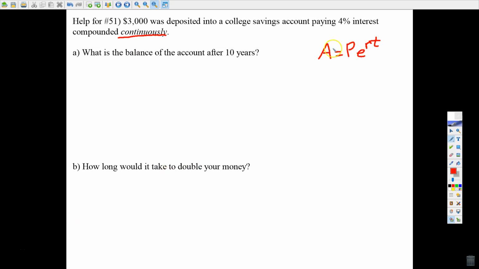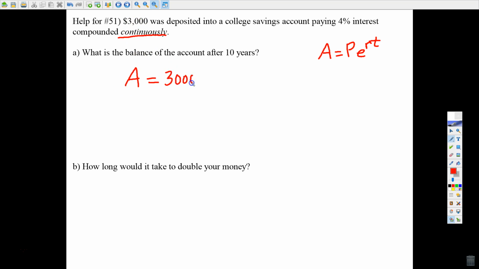Okay, now we know the formula that is used to handle interest that is compounded continuously on an investment. Let's go through each of these 4 parts of this problem. The first part says, what is the balance of the account after 10 years? You can think of the balance after interest has been applied as the A number. So we're trying to find out what A is in this formula, and P is the amount that we invested.